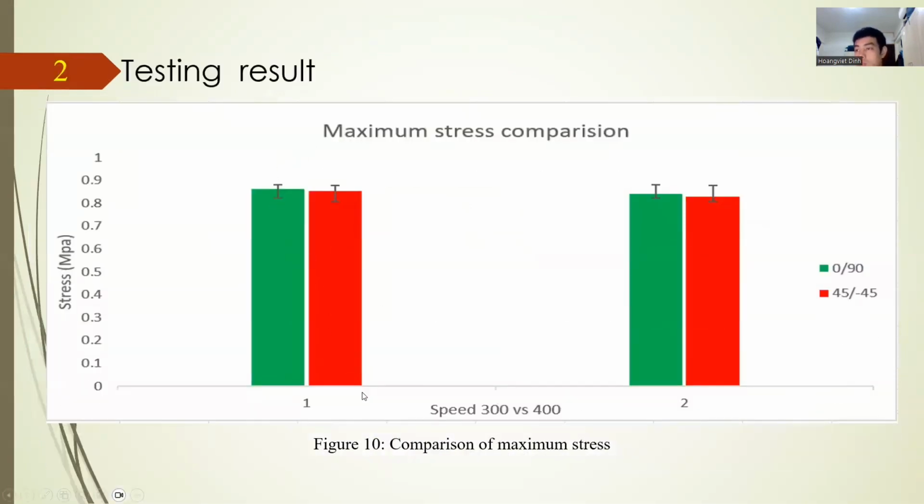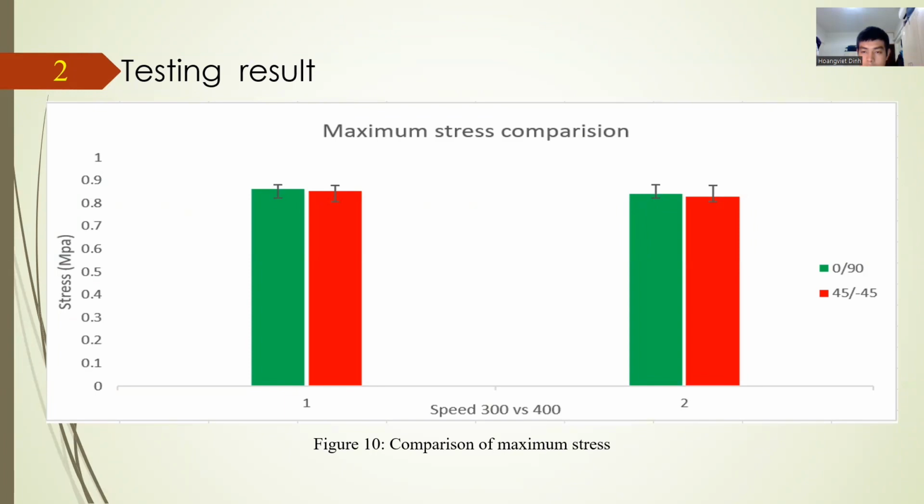Testing result 2 is the comparison of maximum stress. The maximum stress levels of two honeycomb sandwich structures were tested, one printed using a 0/90 raster angle and the other using a minus 45 raster angle. At a printing speed of 300 mm per second, the maximum stress chart demonstrated that the 0/90 printing angle had greater bearing capacity than the minus 45 and 45 raster angle.